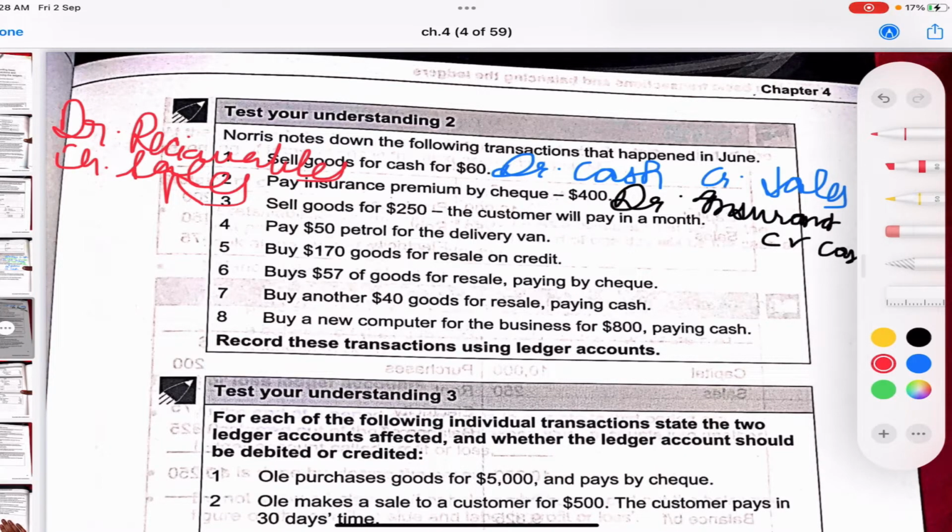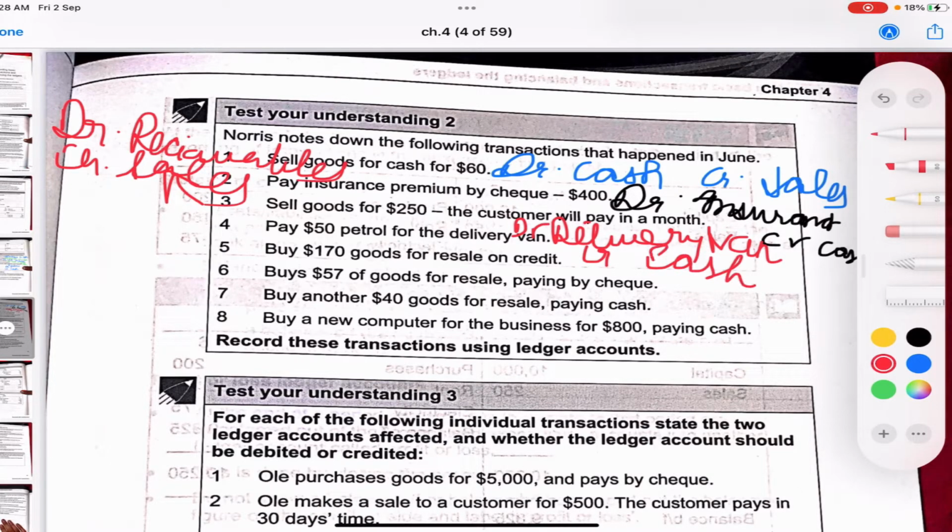Read it again and try to answer it by yourself. So cash is going out, right? Why? Because you are paying for the petrol. So it is an expense. So this is going to be petrol expenses or delivery van expenses, whatever. Delivery van expenses account debit and credit your cash.